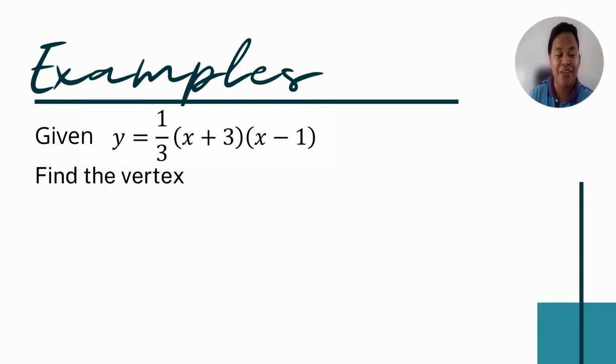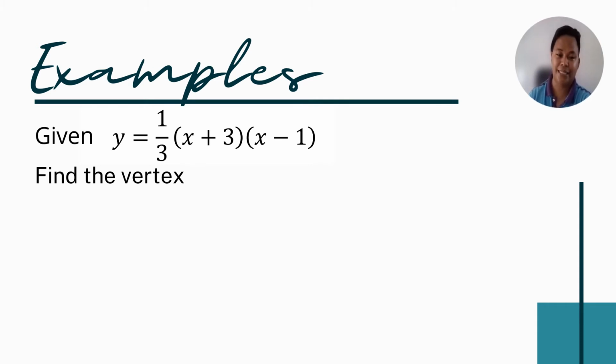Let us have this given quadratic function y is equal to 1/3 times the quantity x plus 3 times the quantity x minus 1. We're going to find the vertex of this given function.